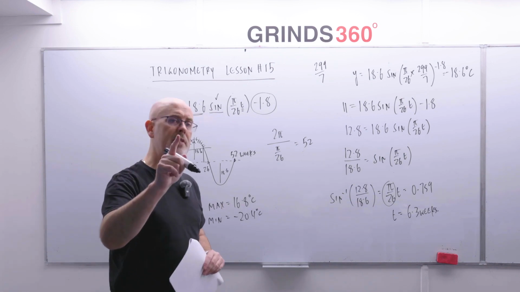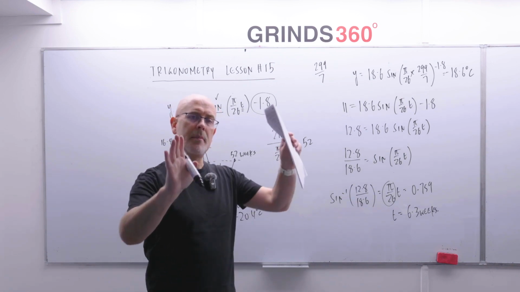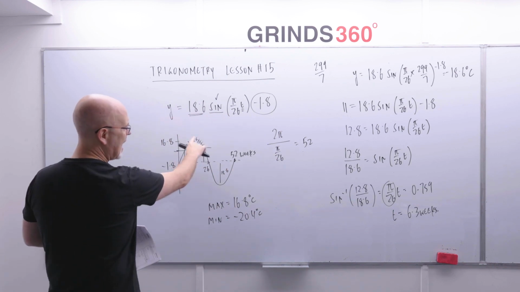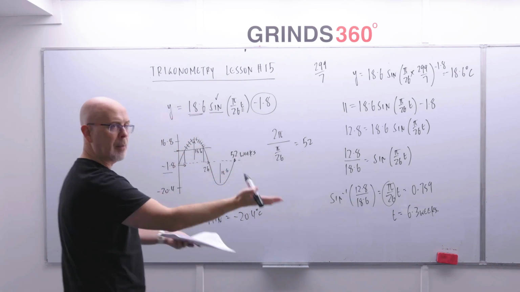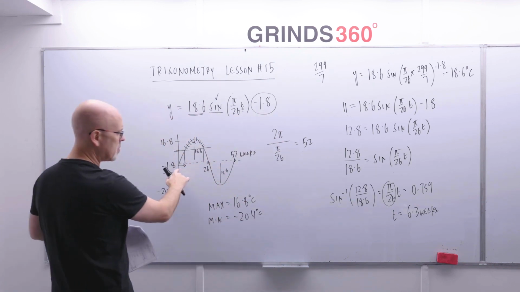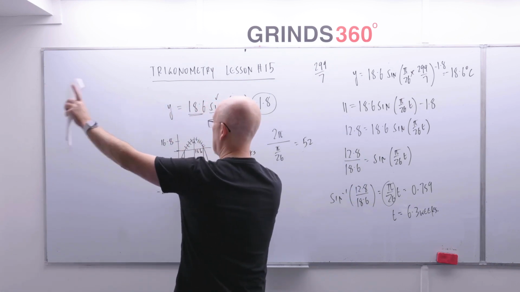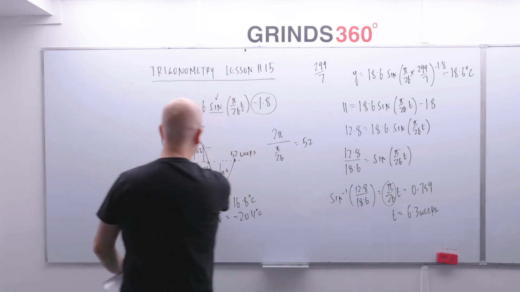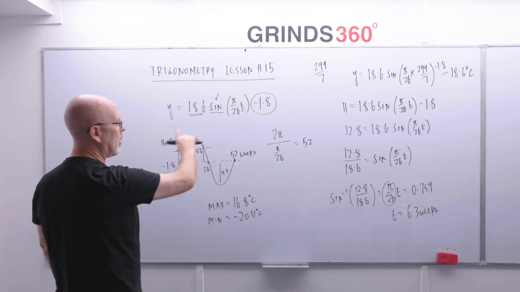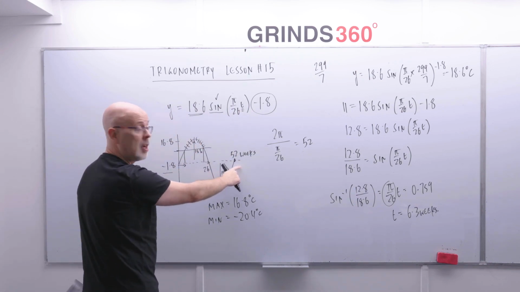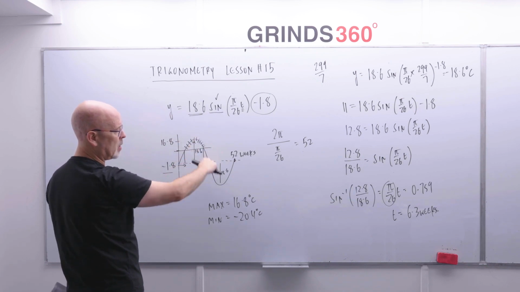Now, like we did in the previous question, to find the second one, let me just use the symmetrical shape of the graph. So you can see this N shape here, which is when the temperature is above the center line here, goes from 0 to 26. So if the first time here is 6.3 in from the left-hand side, the other time will be 6.3 in from the right-hand side, and the right-hand side here is 26, not 52, because it's just this N-shaped part here that we're dealing with.